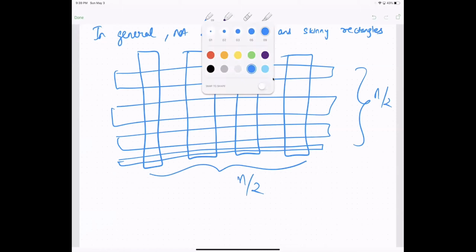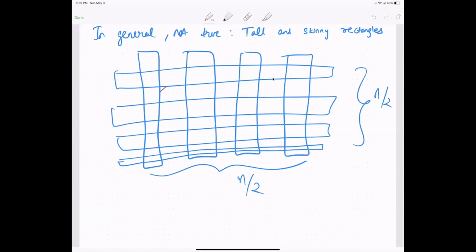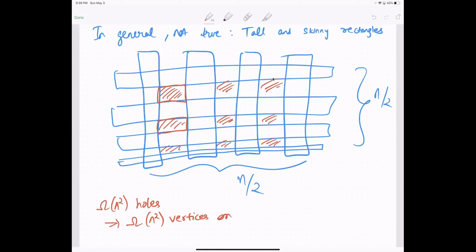But now if you look at the union, the number of holes in this union will be quadratic. That itself means that the boundary of these n square holes implies at least n square vertices on the boundary of the union.